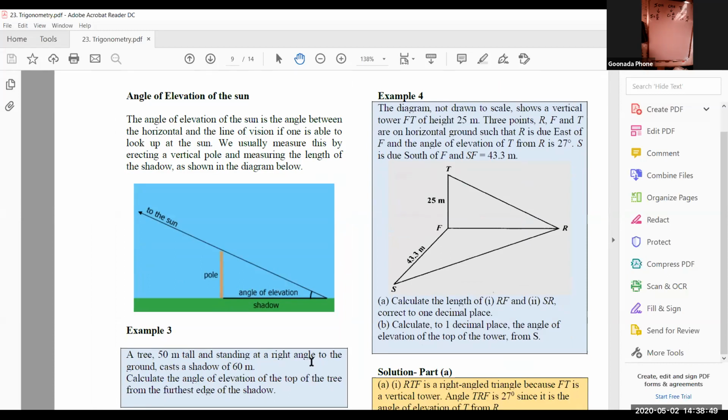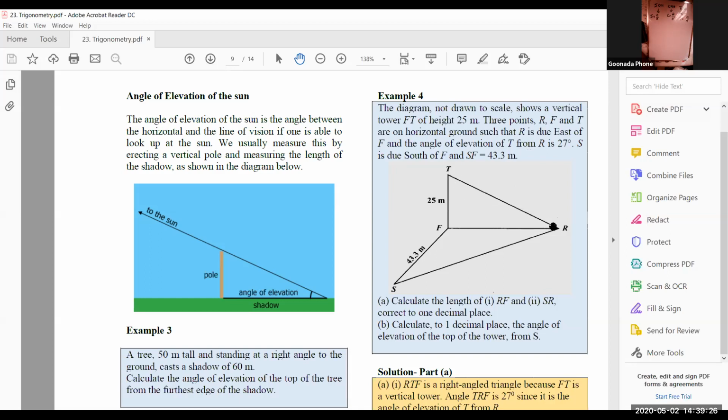The diagram, not drawn to scale, shows a vertical tower FT. So here we have FT of height 25 meters. Three points R, S and F are on horizontal ground such that R is due east of F and the angle of elevation of T from R is 27 degrees.